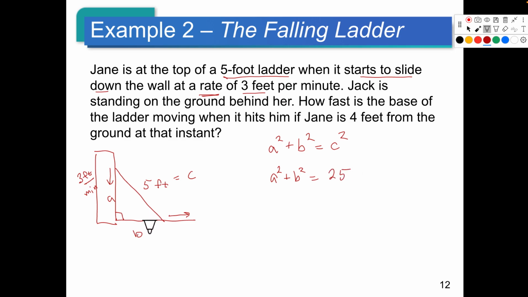Okay. What else do we know? We know a rate, but I don't see any rates in here yet. We do know this 4 feet, but I'll be careful about this. This is at a particular instant. We don't want to plug that in just yet. There's a reason why we don't: what happens when we take the derivative of a number?